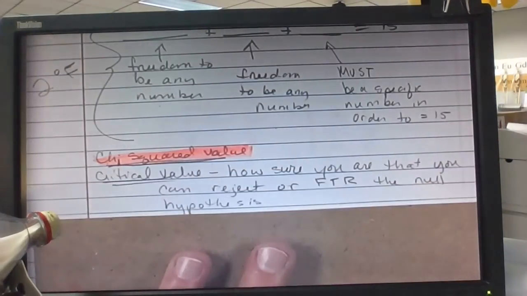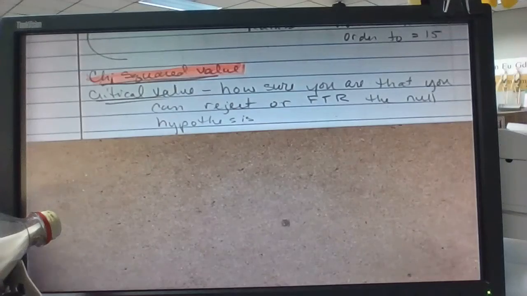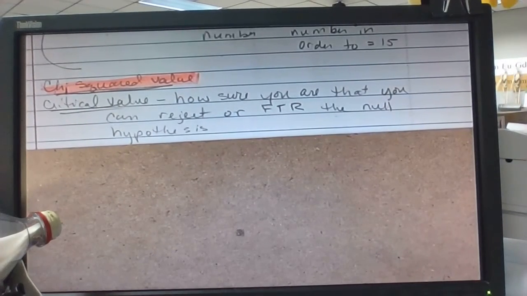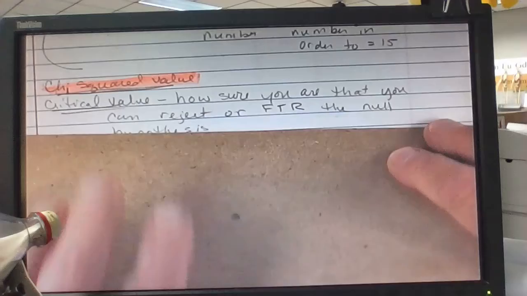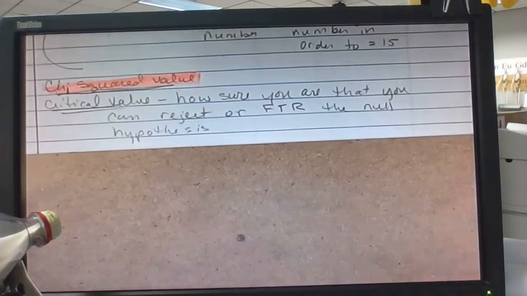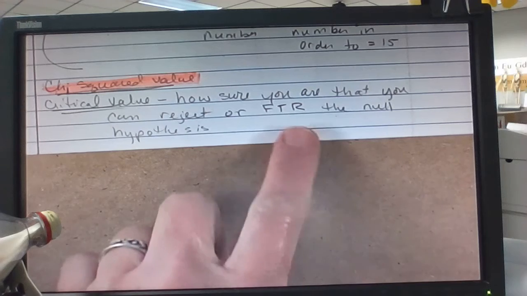All right, next, the critical value. The critical value is a numerical value, and you use that value to decide whether your null hypothesis was rejected by the data or whether the data failed to reject the hypothesis.